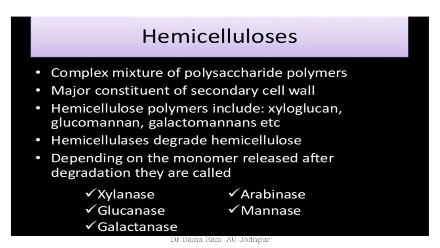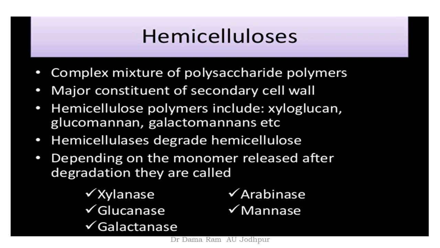Next is hemicellulase. Hemicellulose is also a complex mixture of polysaccharide polymers and a major constituent of the secondary cell wall. Hemicellulose polymers include xyloglucan, glucomannan, galactomannan, and hemicellulases degrade the hemicellulose depending on the monomer released.